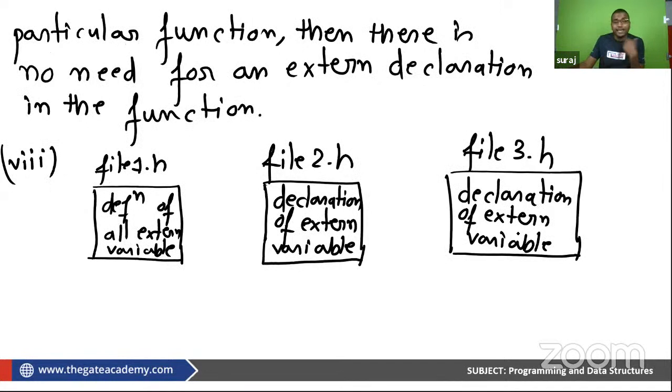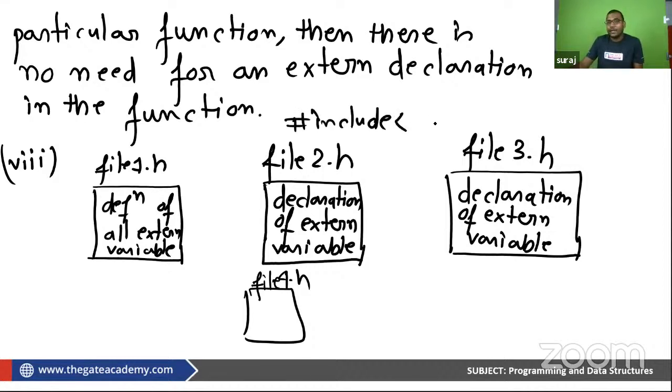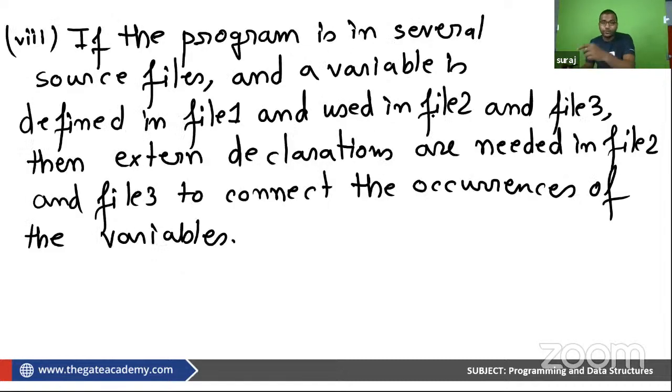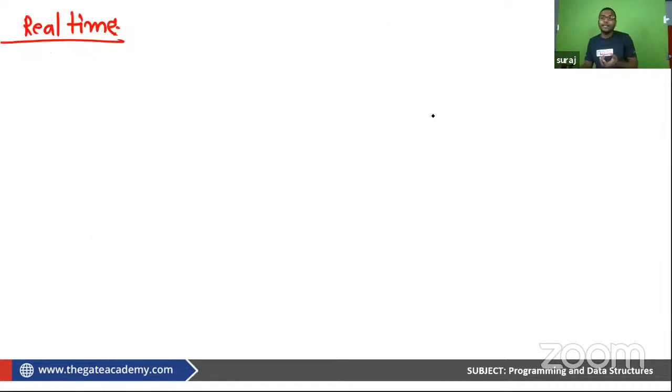So we create another file, file 4, and here we write the declaration of all the external variables, and we include it like this. Like the .h header files you see, there you have declarations, not definitions. Like stdio, it has the declarations of variables or functions.